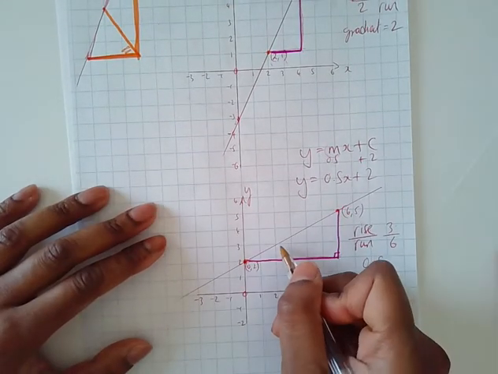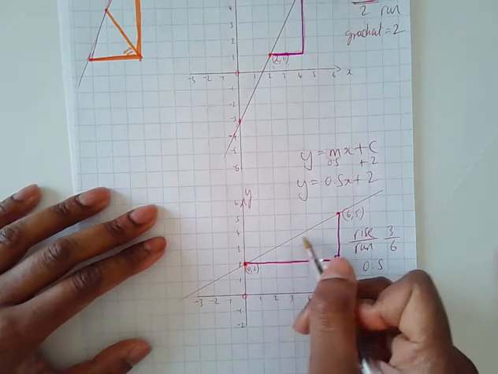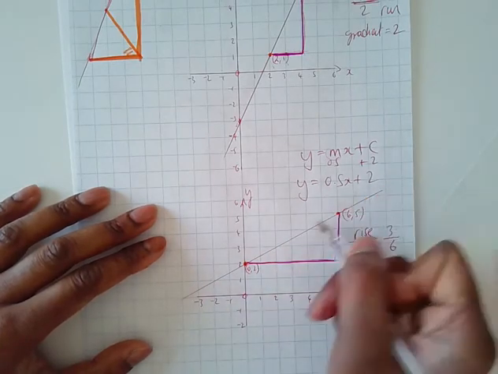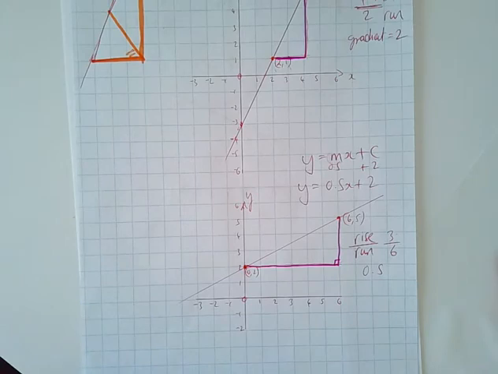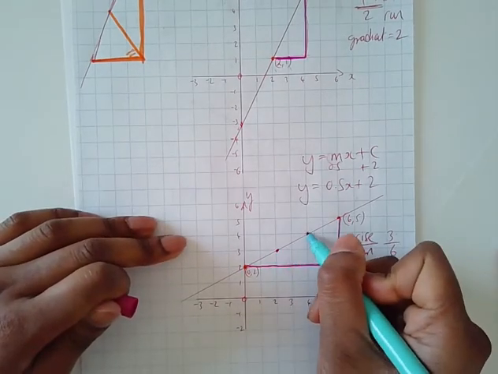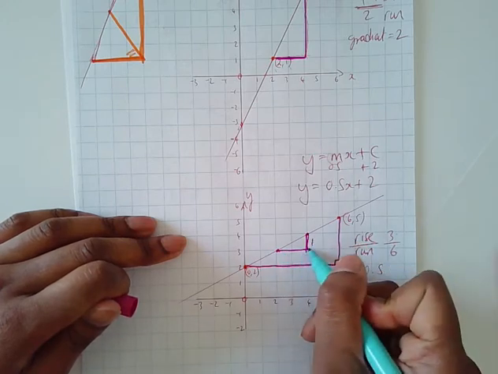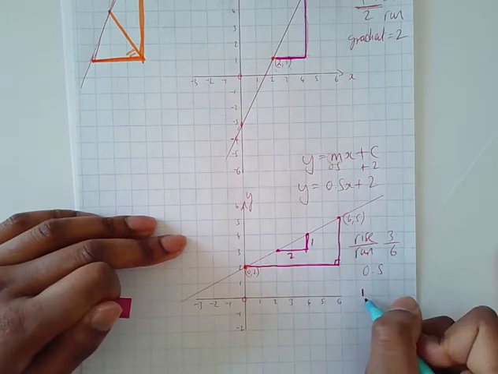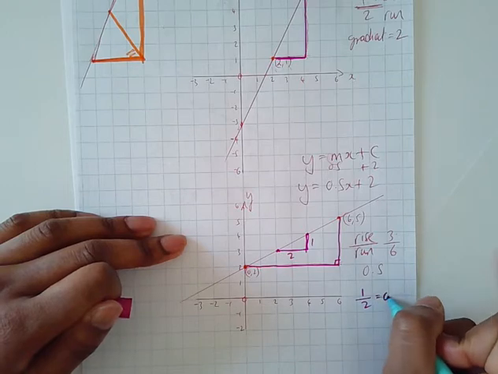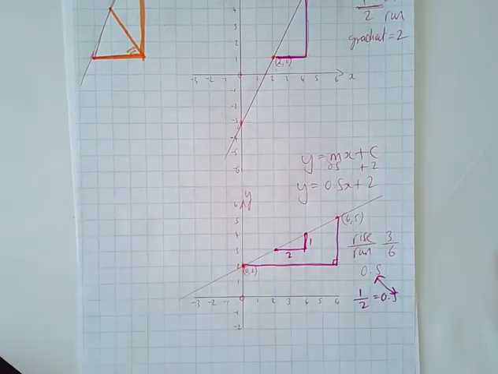Interestingly, you could have drawn a triangle anywhere underneath this straight line. I could have drawn a triangle joining this one with this one, for example. The rise here is 1, the run is 2. So 1 divided by 2 is still the same, 0.5.